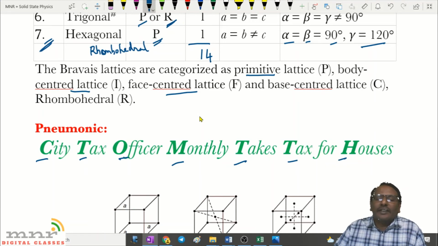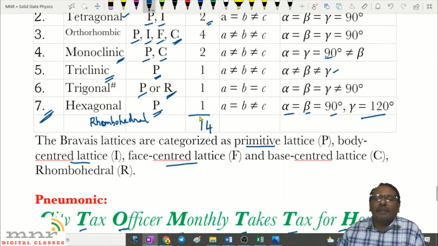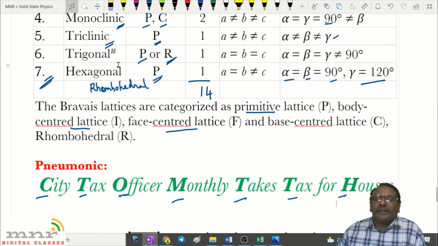Here the first C represents cubic, T represents tetragonal, O orthorhombic, M monoclinic, takes represents triclinic, tax trigonal, and the last one, H, represents hexagonal. Here we have 3 T's, so we have 3 crystal structure names starting with T.